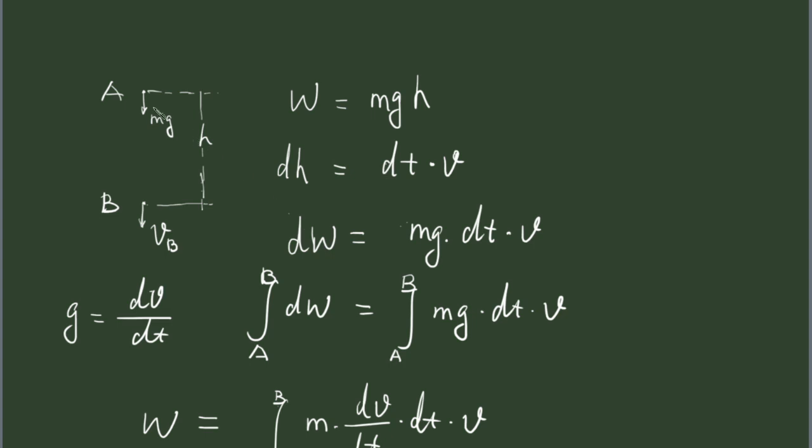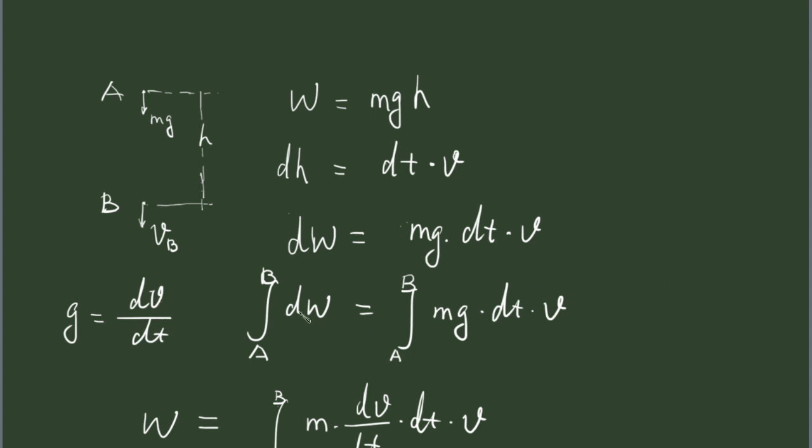And dW is the work done by gravitational force, and that is mg dt times v, and g is dv over dt, the changing of speed.